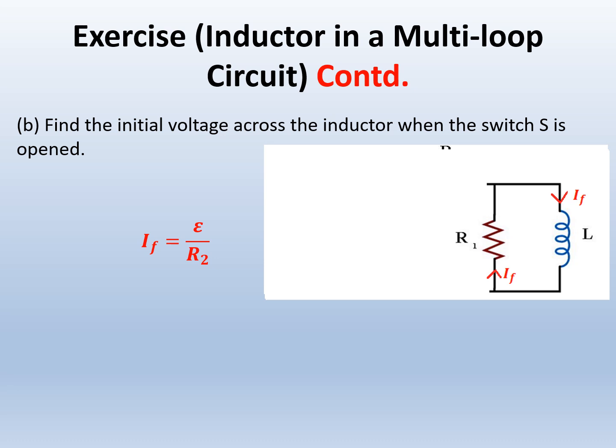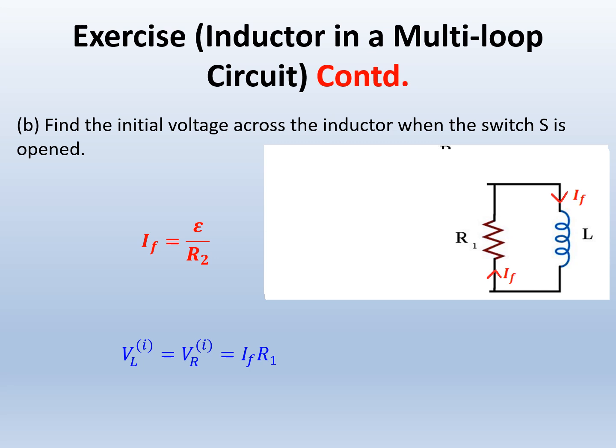And in this circuit, the inductor is connected parallel to the resistor, and therefore the potential difference across the inductor equals the potential difference across R1. So we can use Ohm's law to find the potential difference across R1 using the I final current. That potential difference is going to be the potential difference across the inductor, because they are connected parallel.